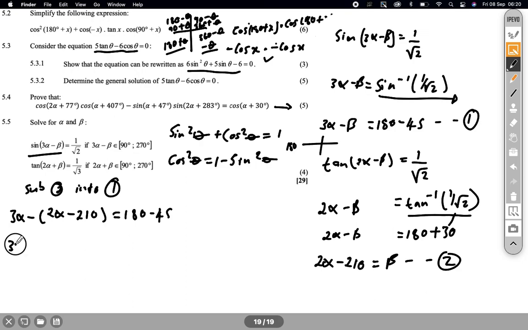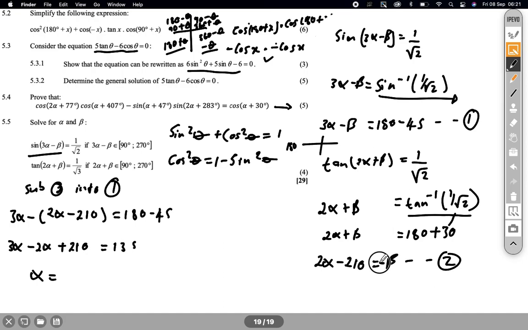Okay, so now this negative is going to multiply inside. So you're going to have negative 2 alpha and positive 210 equals 180 minus 45. Now 180 minus 45 is 135. Okay, and then 3 alpha minus 2 alpha will just give you alpha. Oh sorry, remember this was 2 alpha plus beta.